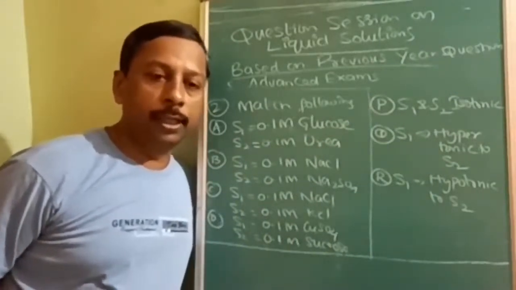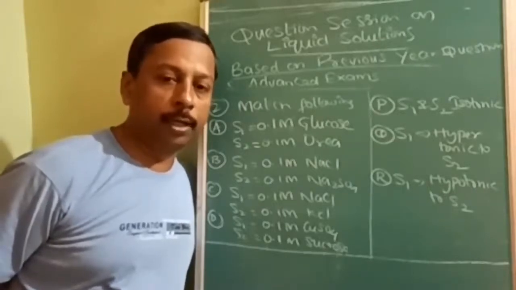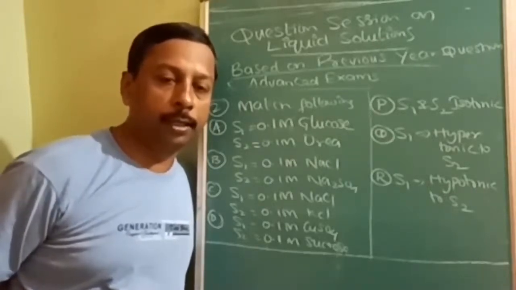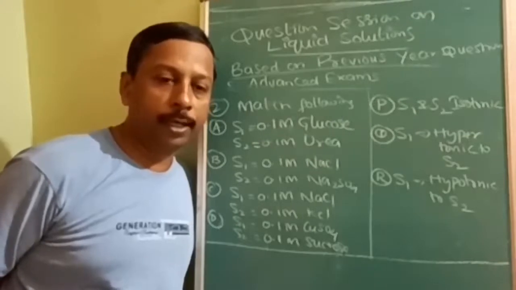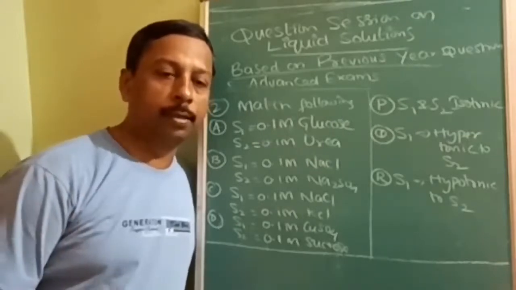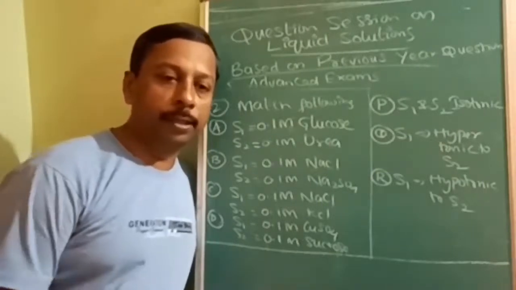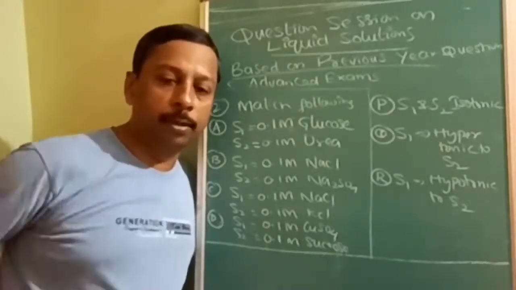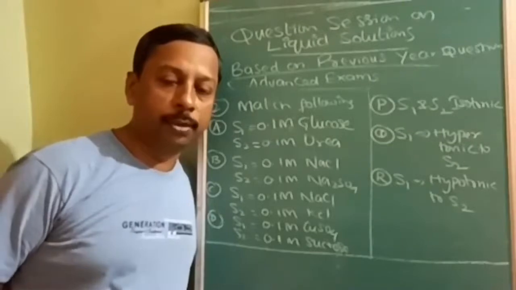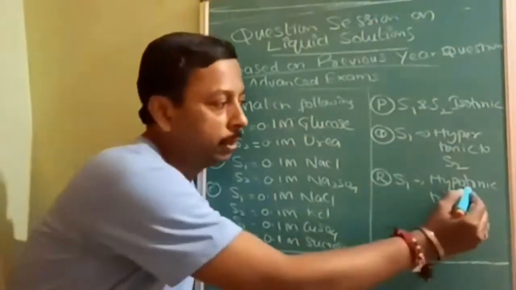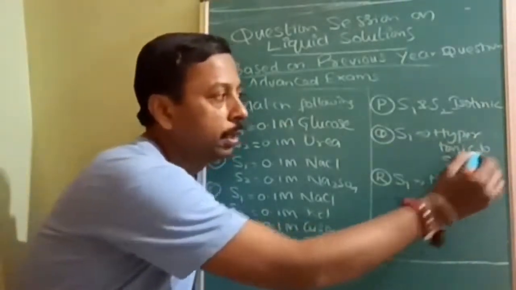If it dissociates or associates, then it can be non-ideal. Because of the non-ideal behavior, the i value will change, and accordingly there may be a change in the osmotic pressure. If osmotic pressure is higher, it is called hypertonic. If it is lower, it is called hypotonic.